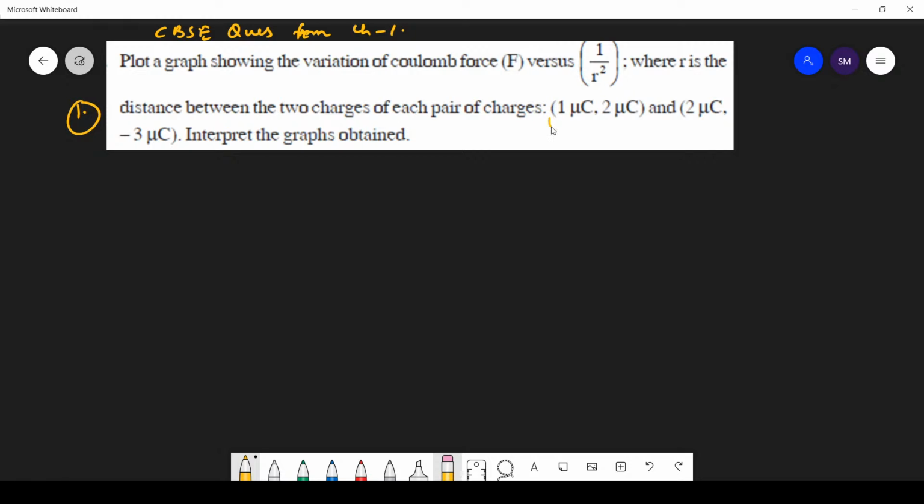So we have one pair and another, two pairs of charges.